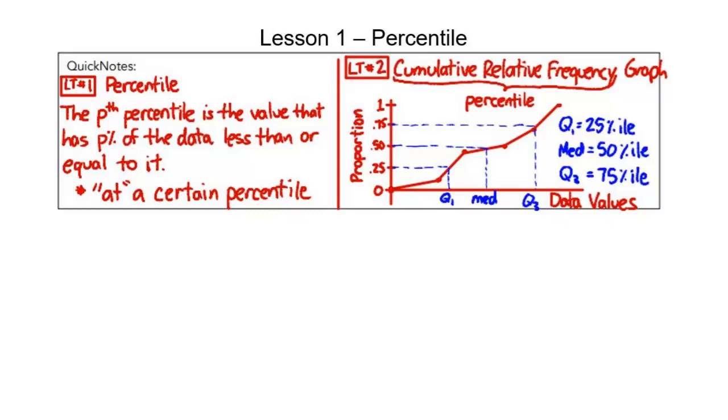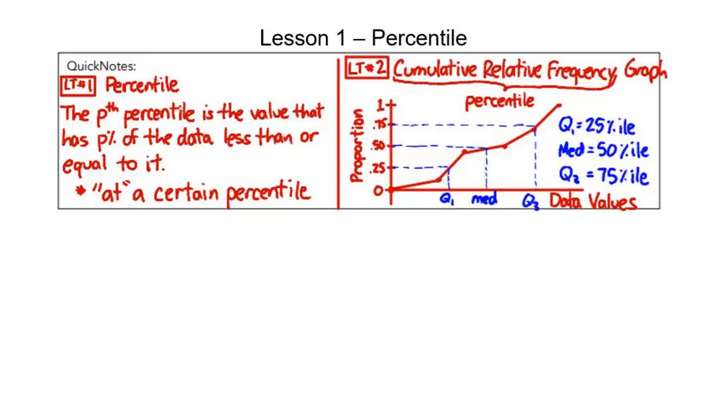Cumulative relative frequency graph always has kind of this choppy look to it because that's always line segments that are being connected. We always start at 0. We always end at 100. Here they wrote their percents as decimals, as proportions, so they have it ending at 1 instead of 100%. It's the exact same idea.